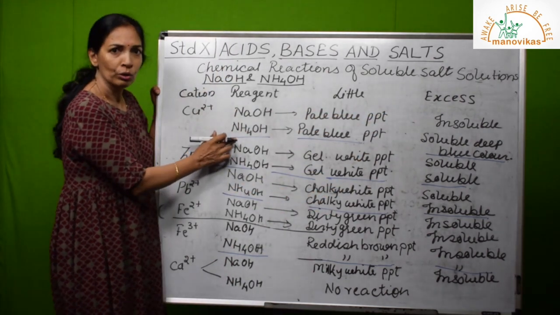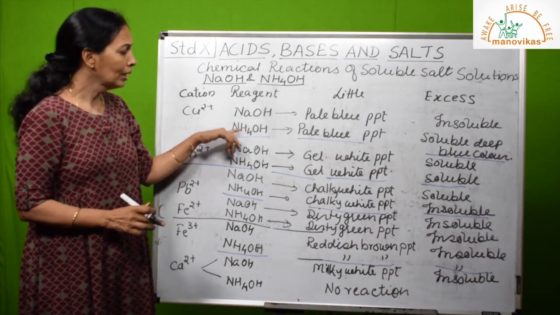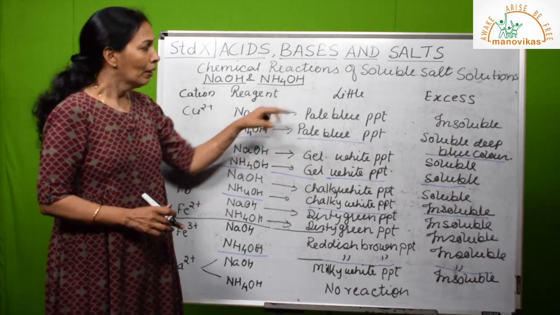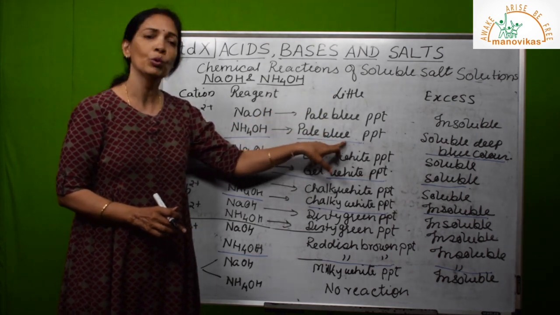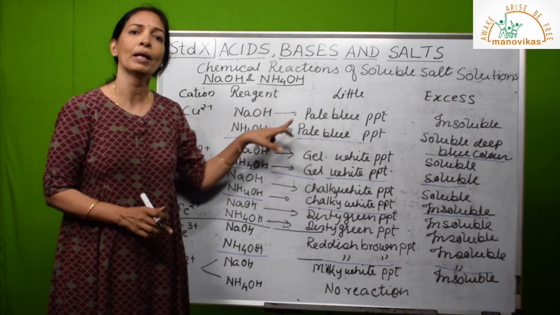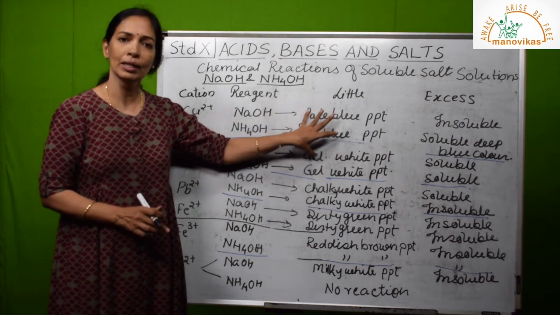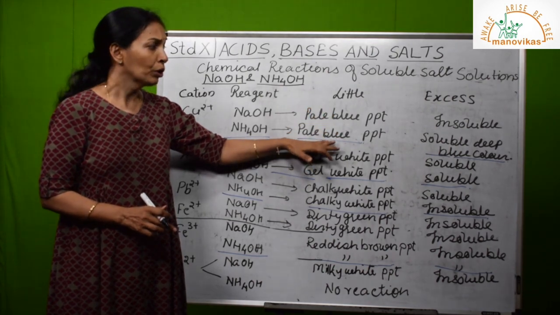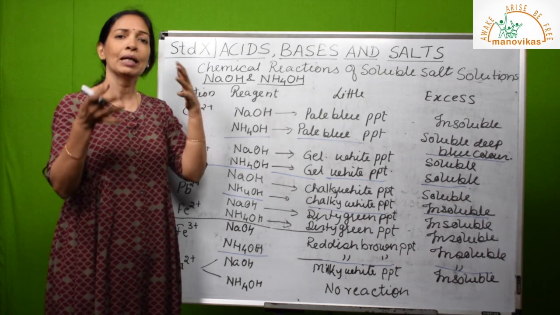Same solution you take in a separate test tube, copper 2 plus ion solution, treat it with ammonium hydroxide. With a little ammonium hydroxide, it will give pale blue precipitate, because here also copper hydroxide will be formed. In both the cases, with little solution, copper hydroxide will be formed, which is pale blue. If you add excess of ammonium hydroxide, this precipitate will dissolve.